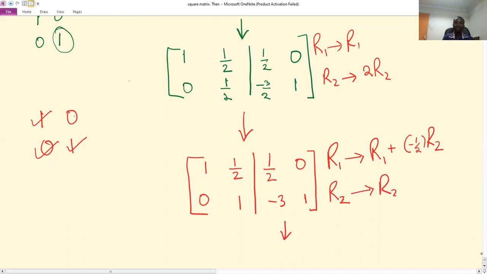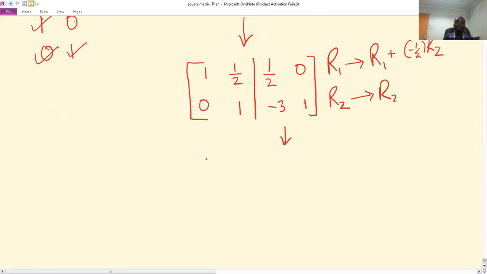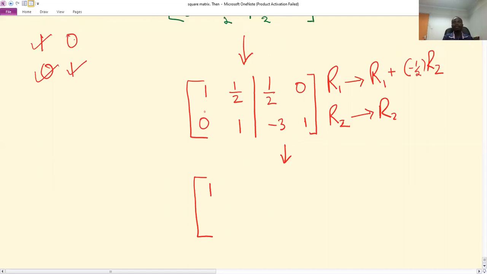So that will give me 1, because 1 plus minus a half times 0 is just 1. Now a half plus minus a half times 1, I get 0 now. And then a half plus minus a half times this element, which is -3.